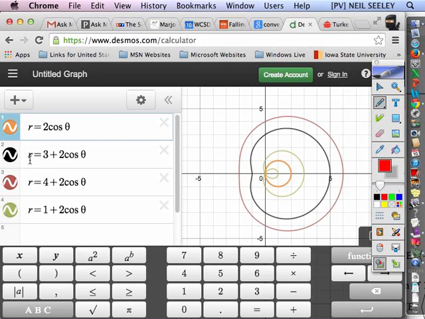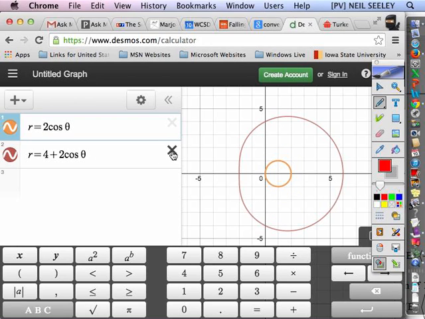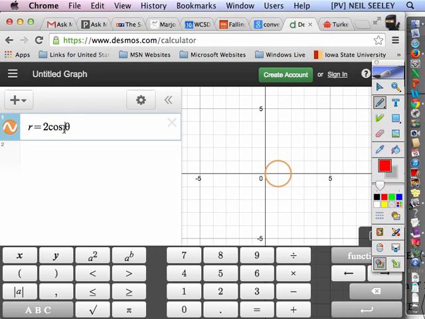So we're going to delete all the rest of these, by the way. A rose is when you multiply the angle by a certain amount, right? So let's go 2. Like that. What if I go negatory? Ooh, that's interesting. What if I go 3? What if I go negatory? Ooh, you want to take it away?